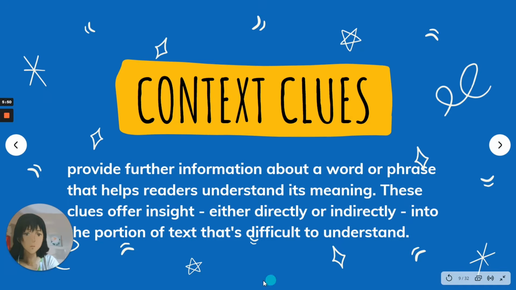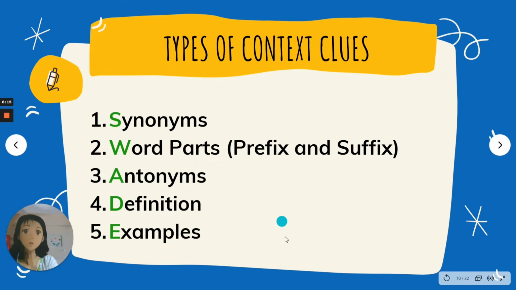These clues offer insight, either directly or indirectly, into the portion of the text that's difficult to understand. Types of context clues. We have here synonyms, word parts, prefix and suffix, antonyms, definition, and examples.